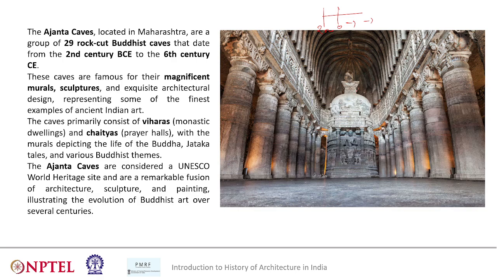At the end of the chaityas, there was a stupa. Again, there were several murals that depicted the life of Buddha. Also, I hope you all know that the Ajanta Caves are considered a UNESCO World Heritage Site, right?